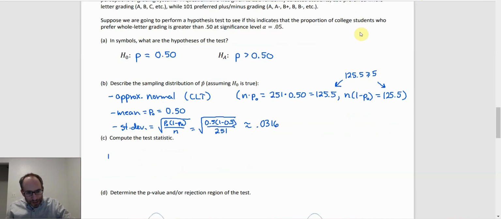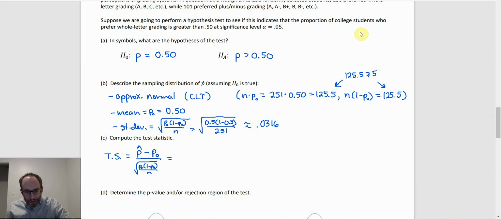And then if you want to compute the test statistic, that would be the next thing. So the test statistic is p hat minus p0 over that root, the square root of p0 times 1 minus p0 all over n. I guess you have to get p hat.